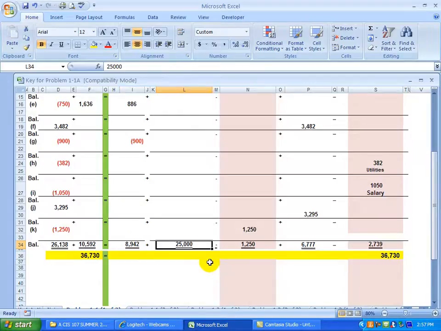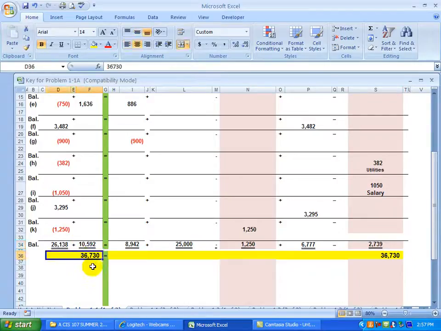The amount of equity is $25,000. The amount of drawing is $1,250. The amount of sales, $6,777, and our total expenses, $2,739.